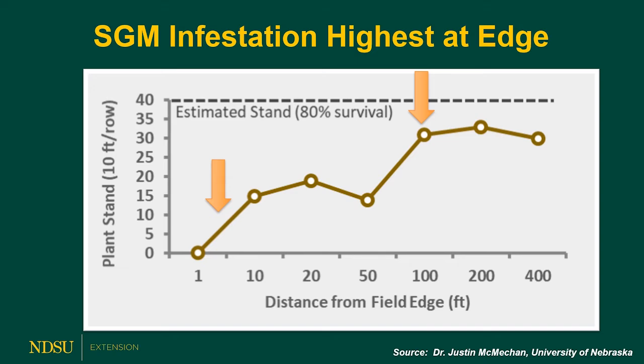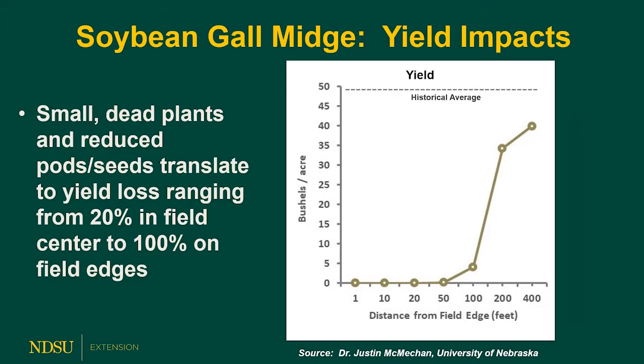And yes, soybean gall midge does have a negative impact on yield. All those small dead plants reduce the pods and seed, and that translates into yield loss. Now, near the center of the field, the yield loss is only 20%, but as you get towards the edge, it can be as high as 100%.